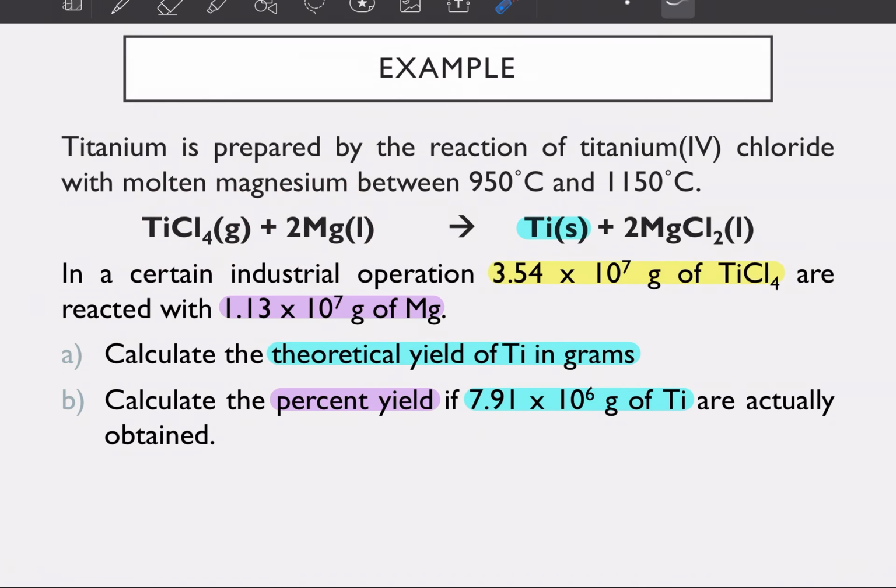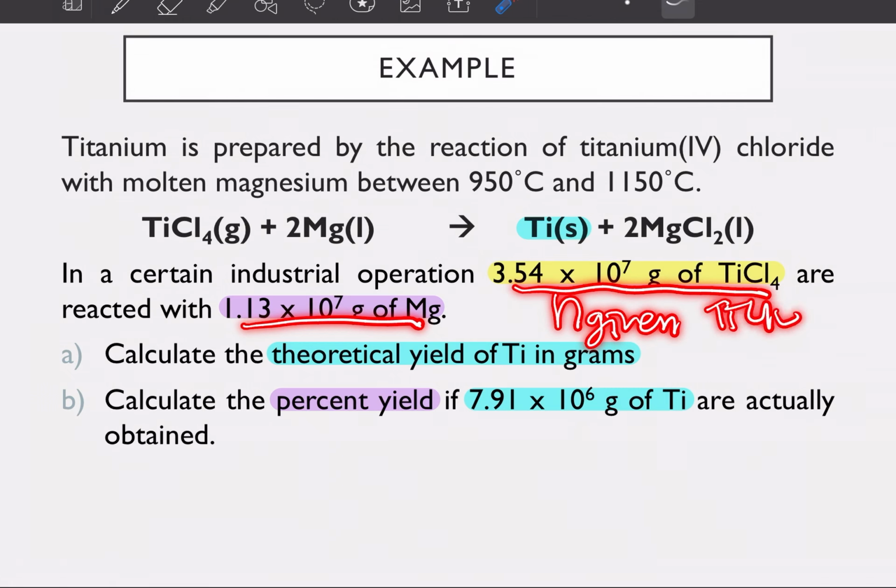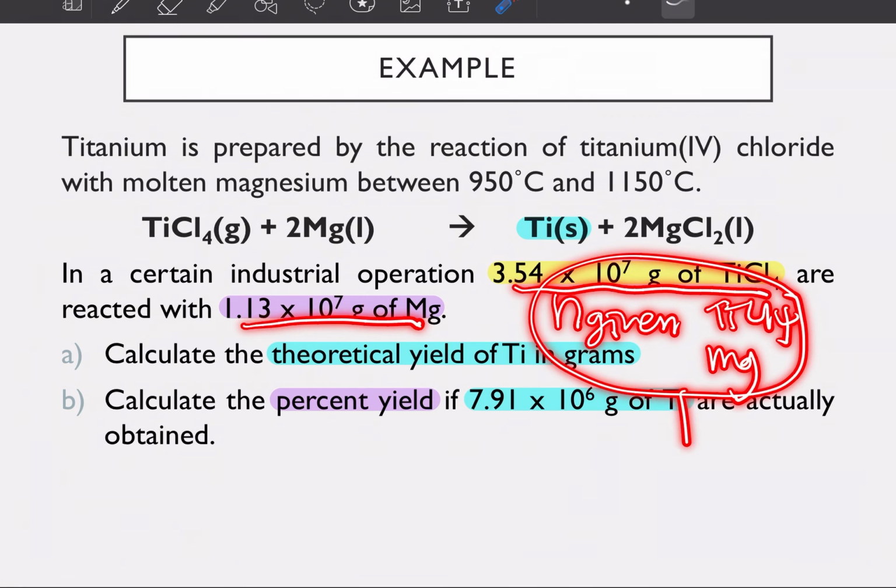So since they have given you the mass of two reactants, what you have to do now is to find the number of moles, according to the mass given. Okay, so you will find the mole given for titanium chloride and magnesium, and then from here you will find the limiting reactant. Adakah titanium chloride atau magnesium the limiting reactant?